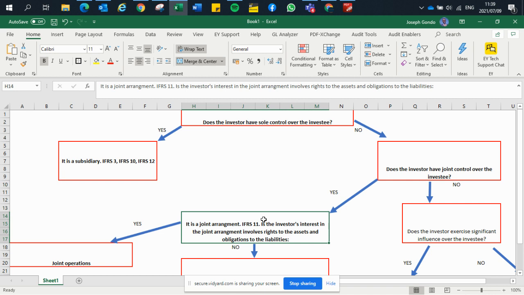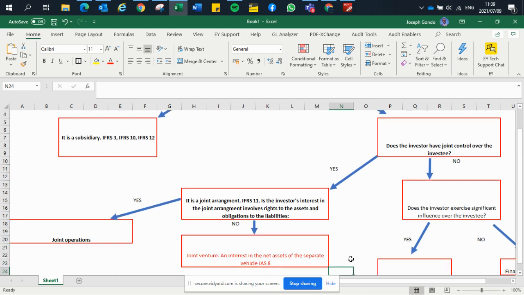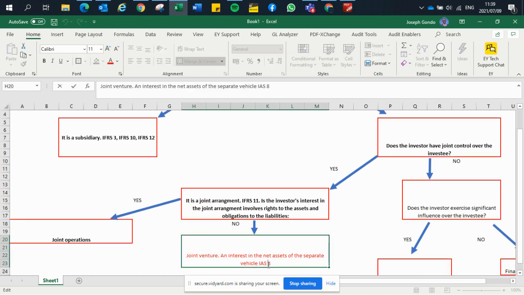We then ask: does the investor's interest in the joint arrangement involve rights to the assets and obligations to the liabilities? If the answer is yes, then we have a joint operation. You just account for your assets and your liabilities. If the answer is no, then we have a joint venture. We account for it in terms of IAS 28, which deals with investment in associates and joint ventures.